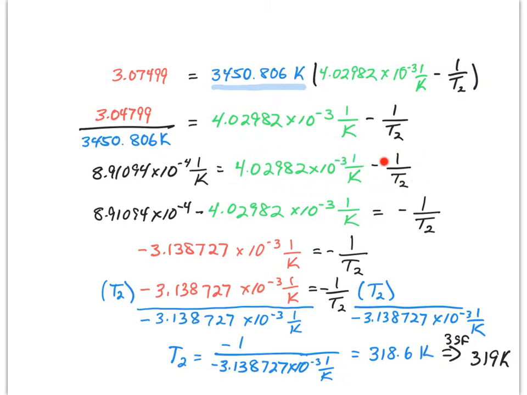To isolate our variable, we have to subtract this from both sides of the equation. When we subtract it on the right, it becomes 0. When we subtract it on the left, we have two numbers, I neglected my units, but note here this is also 1 over Kelvin. So we are in the situation where we are subtracting 2 numbers with exactly the same units.